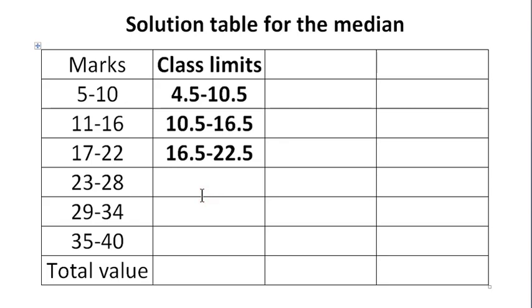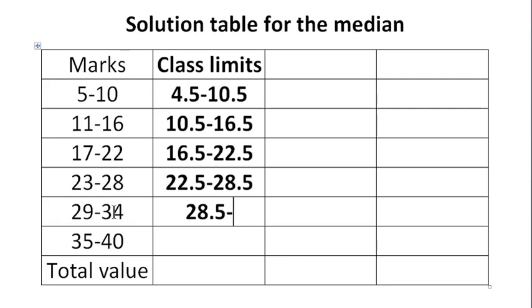Then coming to 23, if we remove 0.5 from 23, we'll be having 22.5, then add 0.5 to 28 to give you 28.5. Then here we'll have 29 as the lower limit, minus 0.5 will give us 28.5.